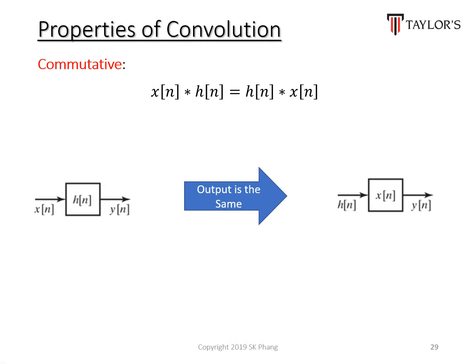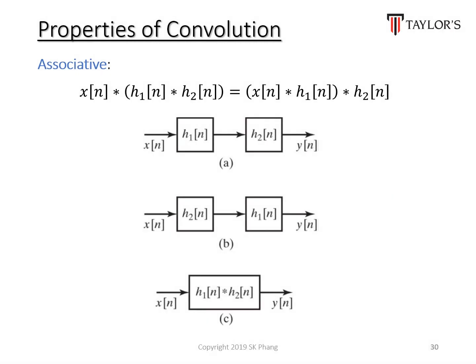So this slide basically is what I have explained earlier. When you have a signal convolute with a system, it is equivalent to the other way, where a system convolutes with a signal. For the associative law, when you have a signal that needs to pass through two systems, it is equivalent to a signal that passes through a single system, where this system is the convolution of both systems together.